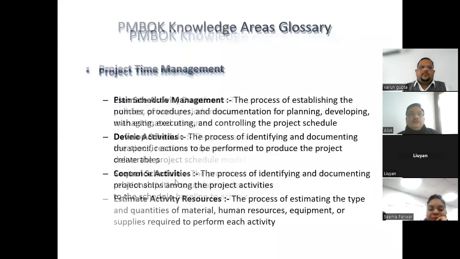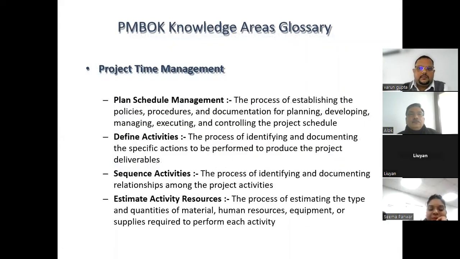So when you're building your project, first, when you're planning the schedule, you have to have a document for planning, controlling and developing that. Then the activities have to be defined, whether there are 100 activities or 50 activities or more, or maybe 1,000 activities in the schedule. Then they have to be sequenced with one another.